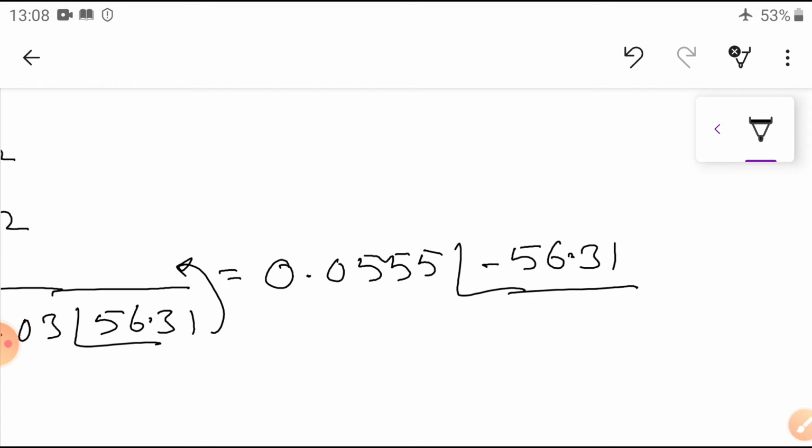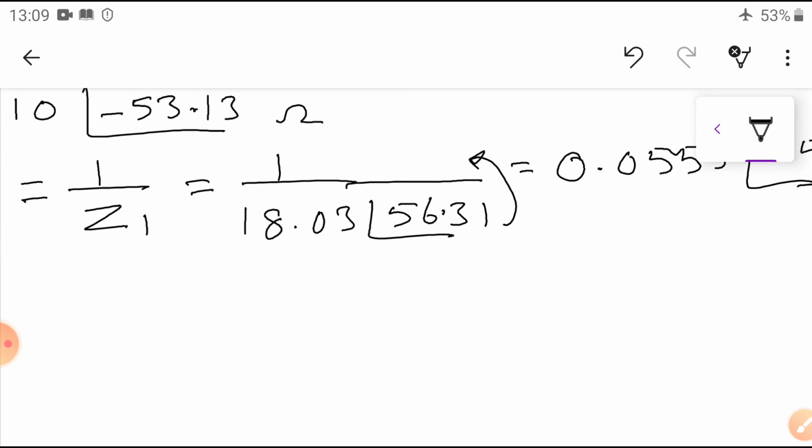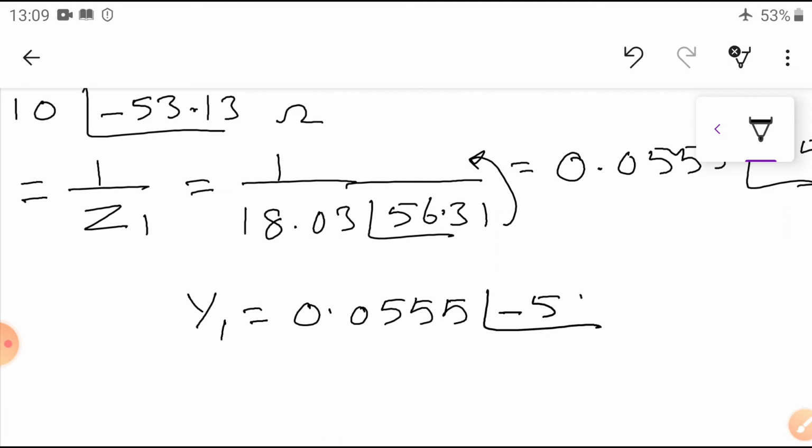The unit is mho. So Y1 is 0.0894 at an angle of minus 56.31 mho.